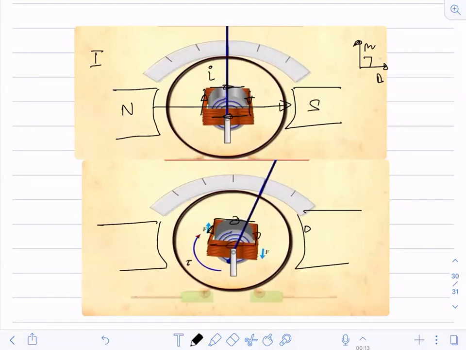So it is bending slightly, at an angle with the perpendicular.